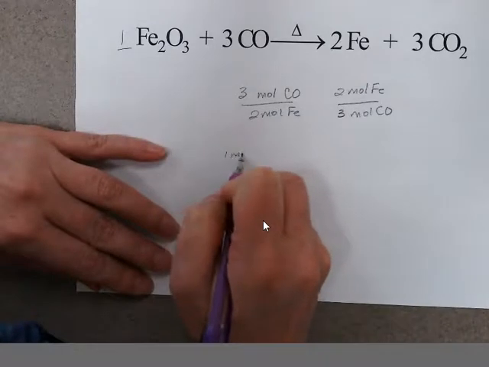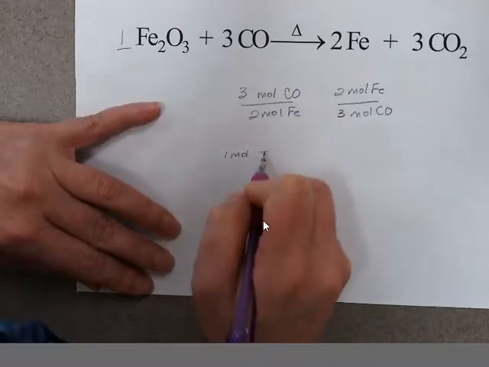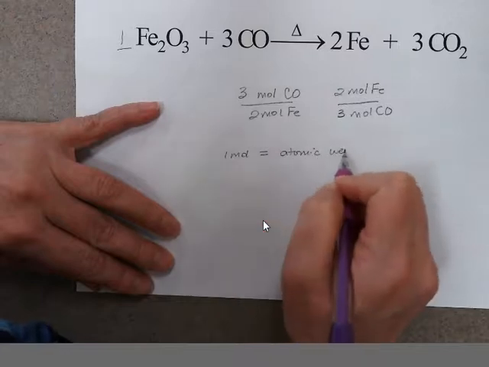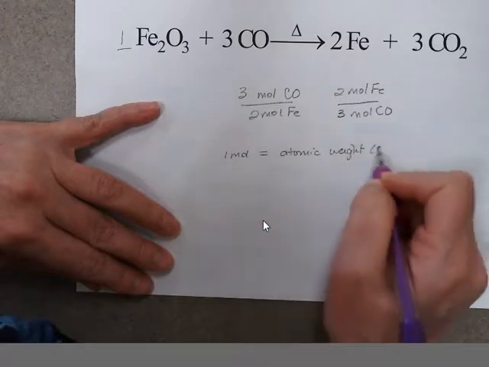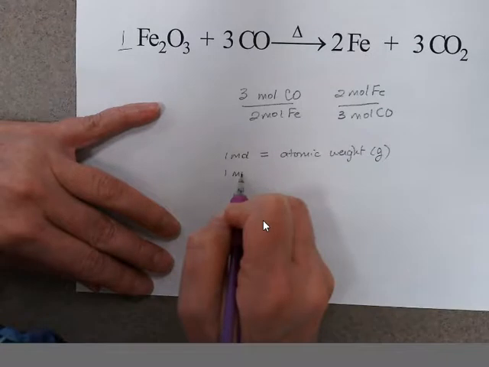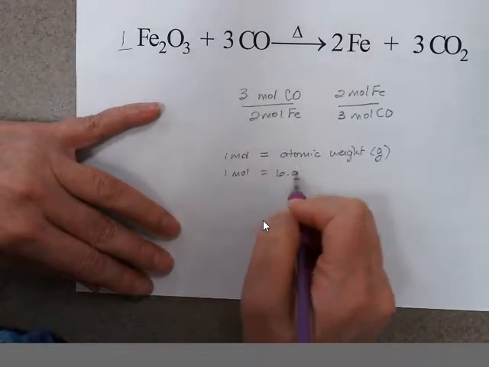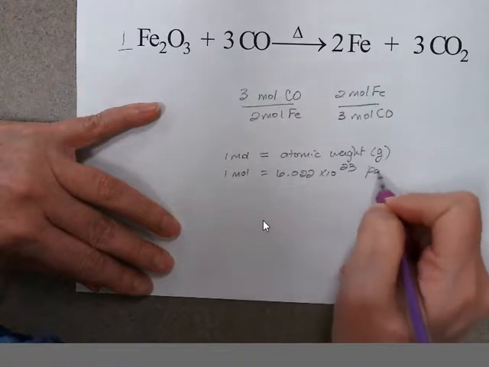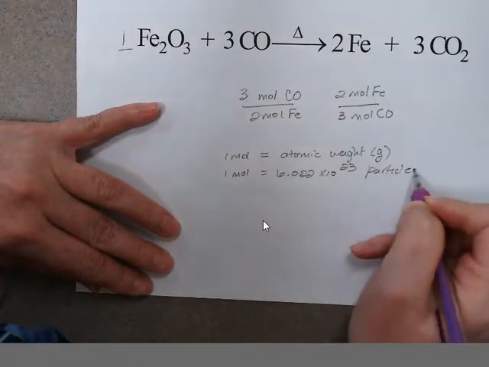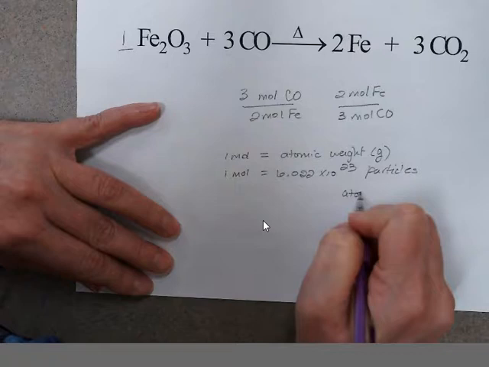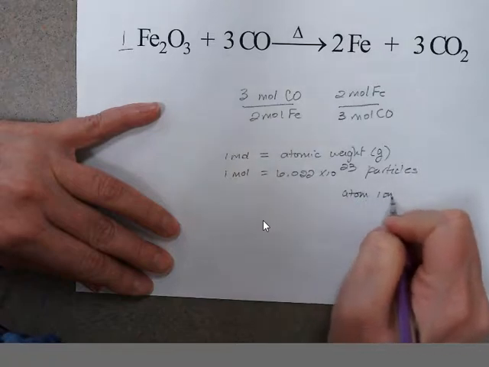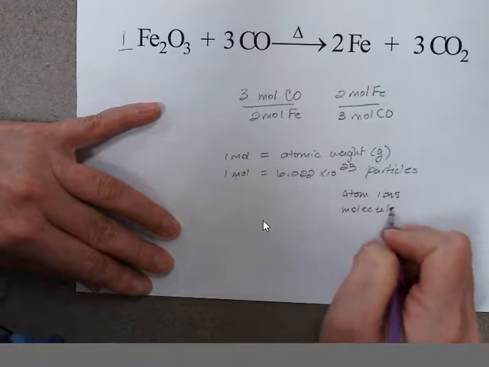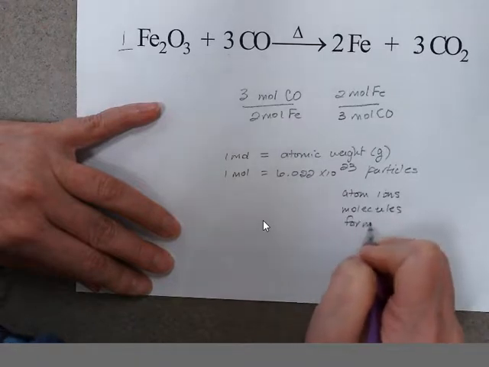So don't forget that the other types of conversion factors are the atomic weight in grams, and of course, Avogadro's number, where particles can be anything like atoms, ions, molecules, and formula units.